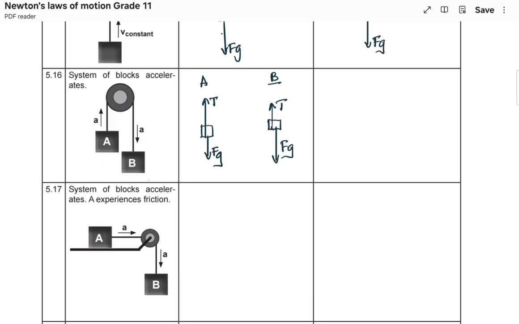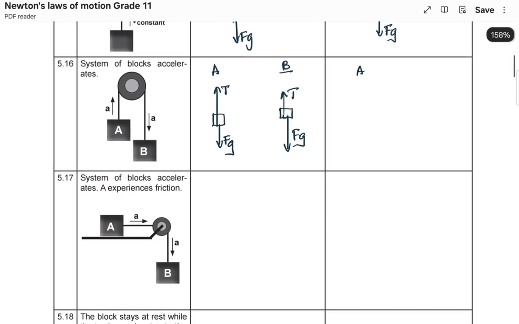You must be careful because it's accelerating downwards, so the weight will be greater there. So for A, the tension is greater than the weight or gravitational force. For B, the tension is smaller and the gravitational force is bigger. You can call them T1 and T2.